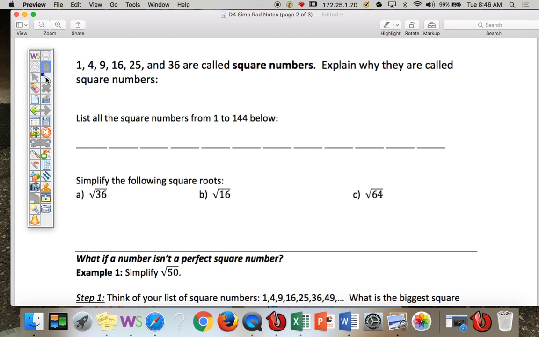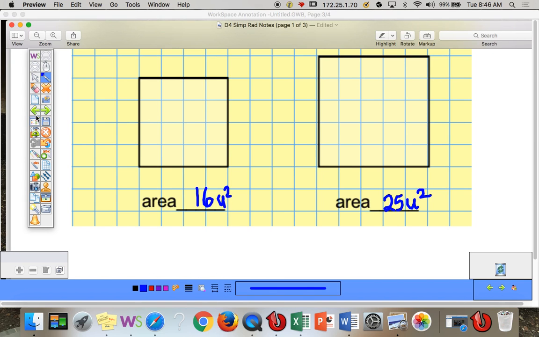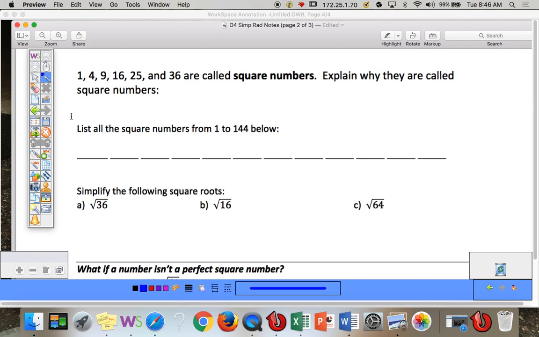Well, we can see from the previous examples that they come from taking the area of a square, with the length and the base, or the base and the width, or the base and the height of the same number. So list all the square numbers from 1 to 144 below.